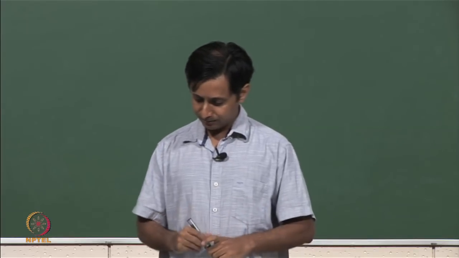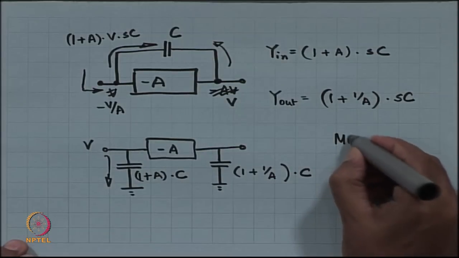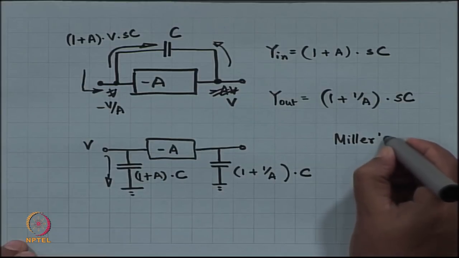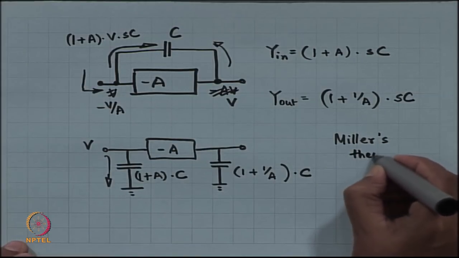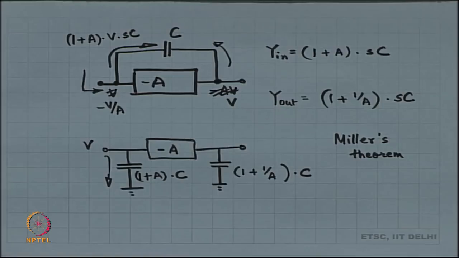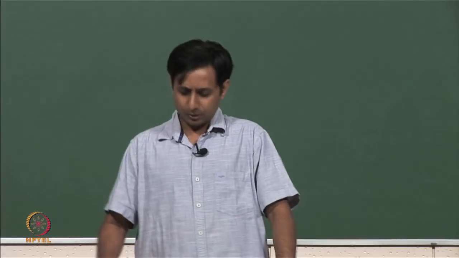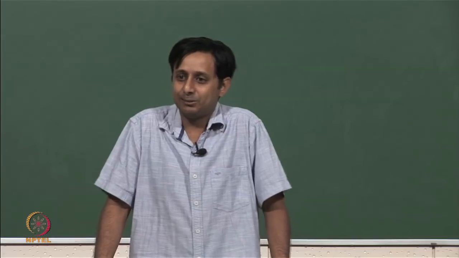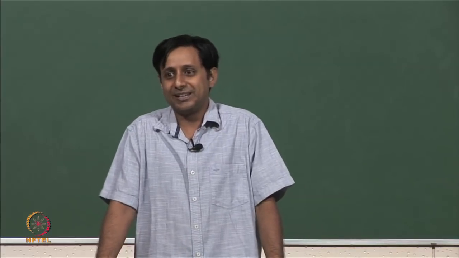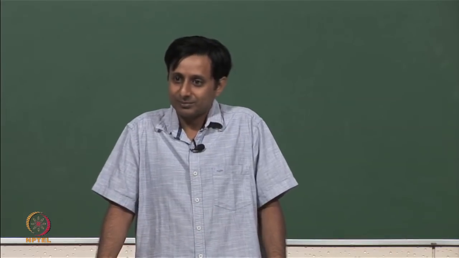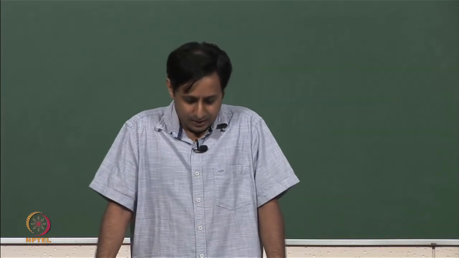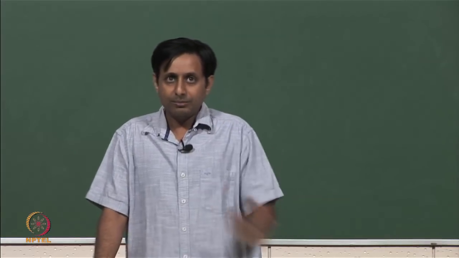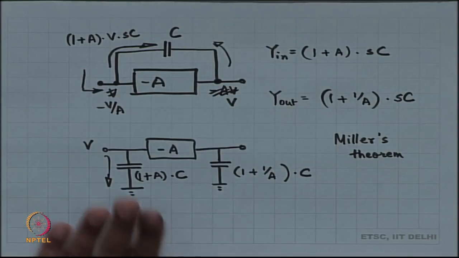So, this is called Miller's theorem, although it should not get the status of theorem, as I said. This can be used to simplify our C23 and C12 and all of those tricky capacitors. So, we are going to use this as a tool, we will do it later on.